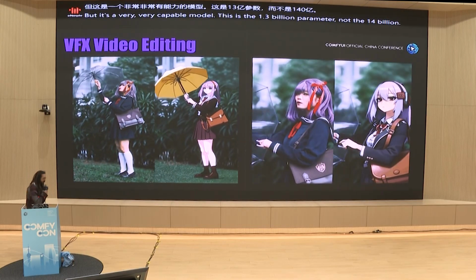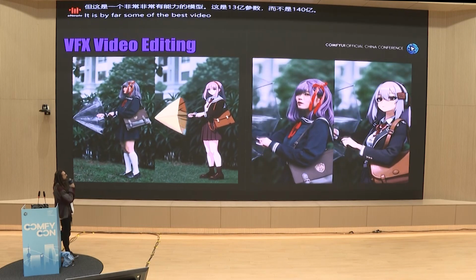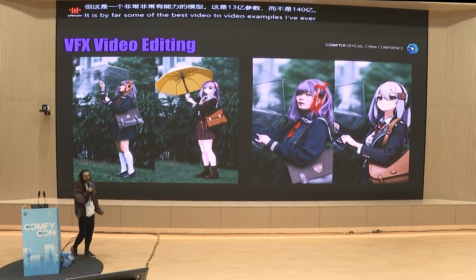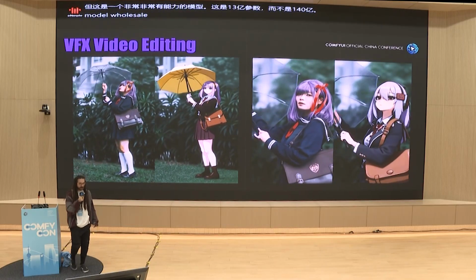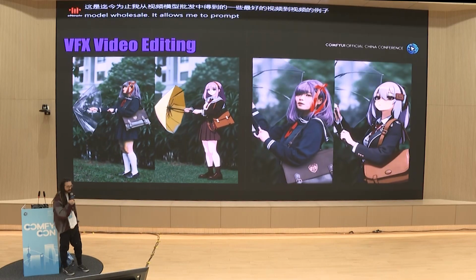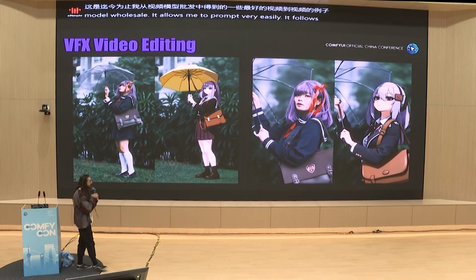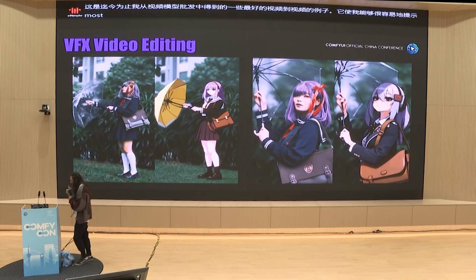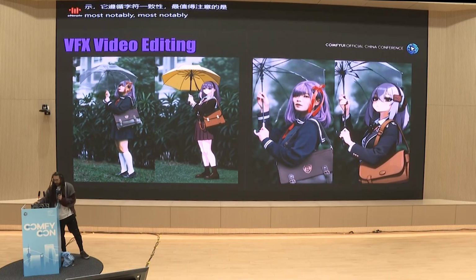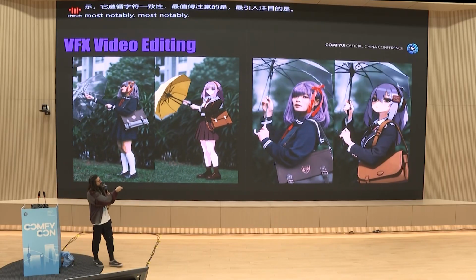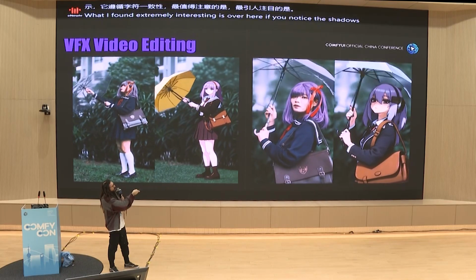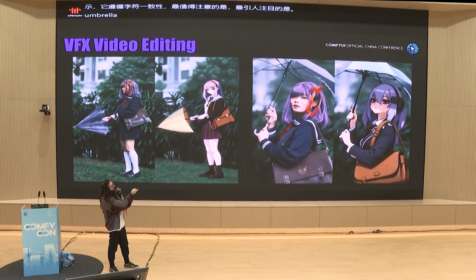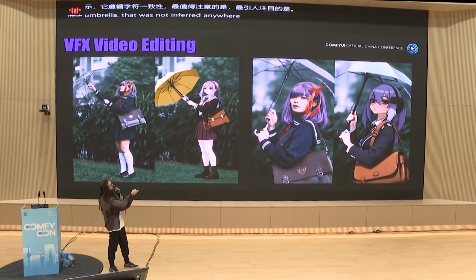It is by far some of the best video-to-video examples I've ever gotten out of a video model wholesale. It allows me to prompt very easily. It follows character consistency. And most notably, what I found extremely interesting is over here, if you notice the shadows casted by the umbrella, that was not inferred anywhere in the original video.